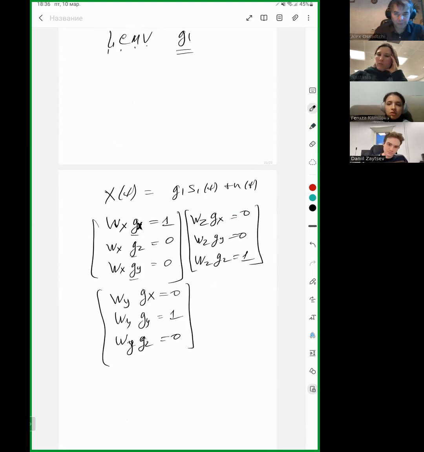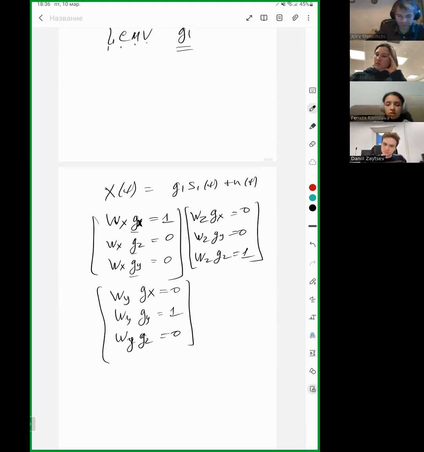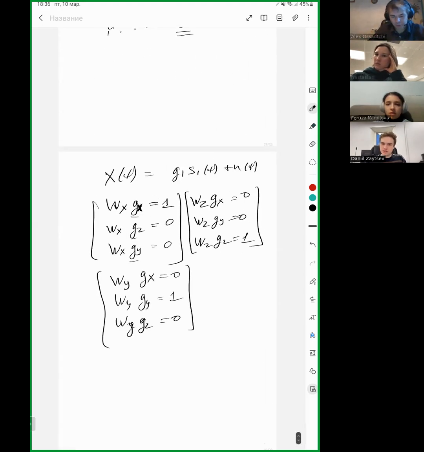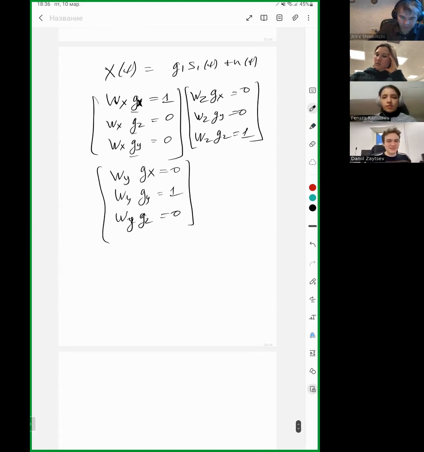So we have three vectors, and for each vector, we have three constraints. So in fact, we have three beamformers, but we will be looking for them simultaneously because they're all connected. We have Gx, Gy, Gz as a set of topographies, and we can rewrite this constraint simply as W times G, where G is Gx, Gy, Gz, equal to 1, 0, 0, 0, 1, 0, 0, 0, 1.